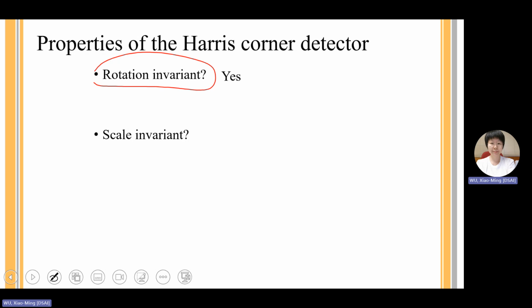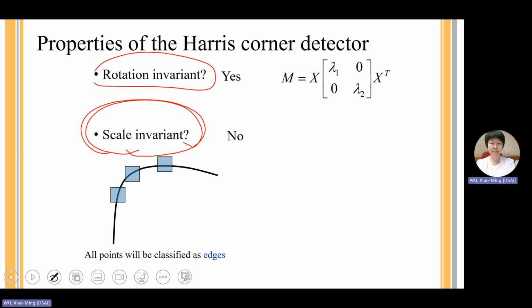Scaling is another geometric transformation we mentioned. Is it scale invariant? What does it mean to be scale invariant? When we do corner detection, we slide a window of fixed size across the image, right?